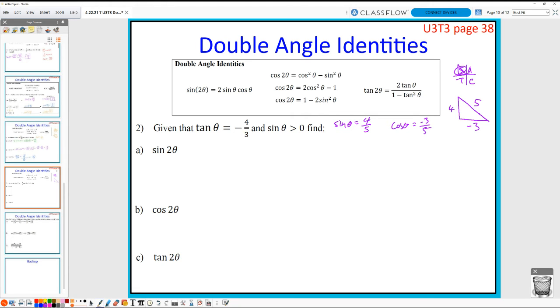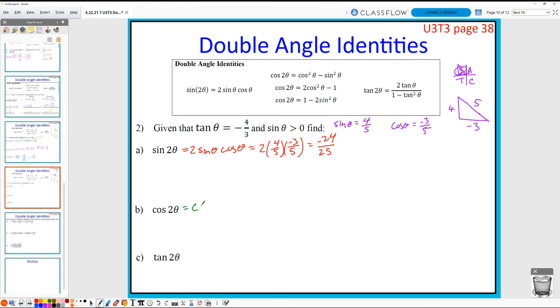With this information already done, it will be a lot easier to figure out sine of 2 theta, which is 2 times sine theta cosine theta. That's going to be 2 times 4/5 times -3/5, which is -24/25. So that one's pretty easy.